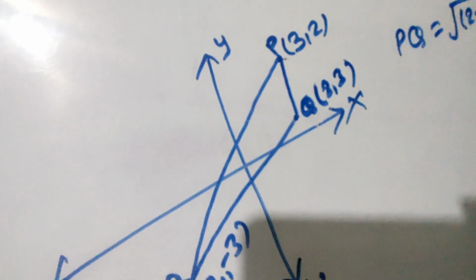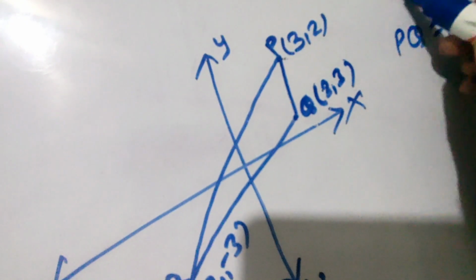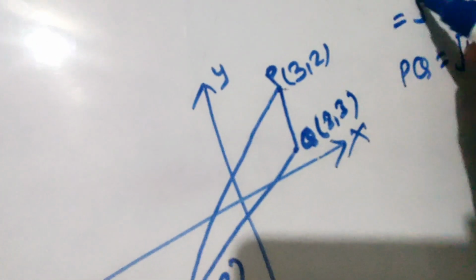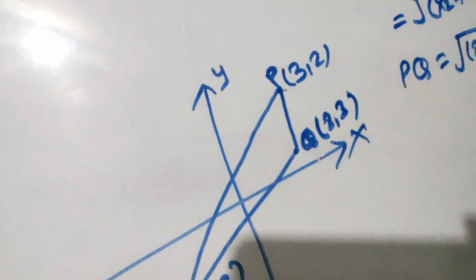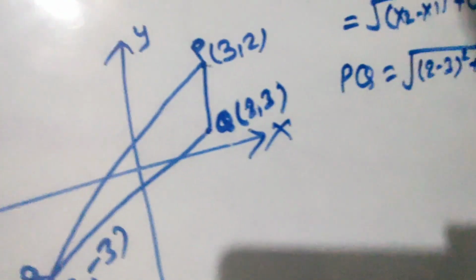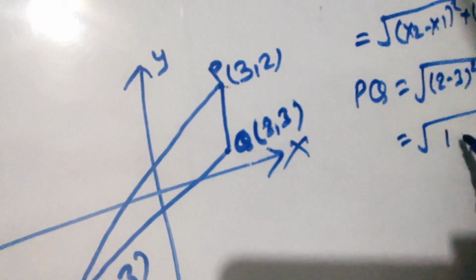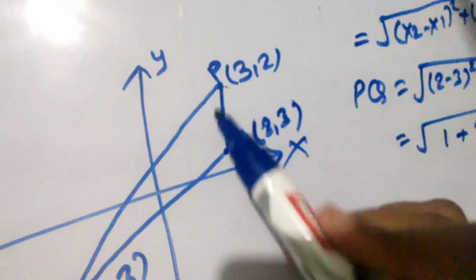Distance formula is square root of (x2 minus x1) square plus (y2 minus y1) square. Then 2 minus 3 is negative 1, square is 1, plus 1, so the answer is square root of 2. Then PQ is found.